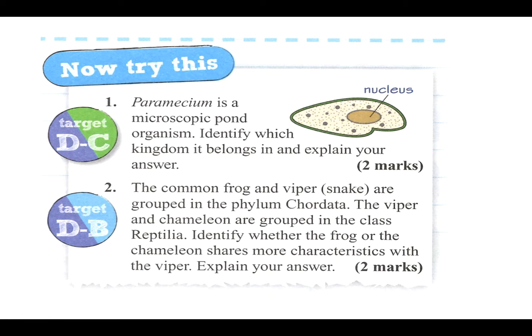This is because a class is a smaller group of organisms that are more similar to each other than the organisms grouped in the phylum. So organisms in a class are always far more related to each other than the organisms found in a phylum. Okay? So this takes us on quite nicely to our next bit.